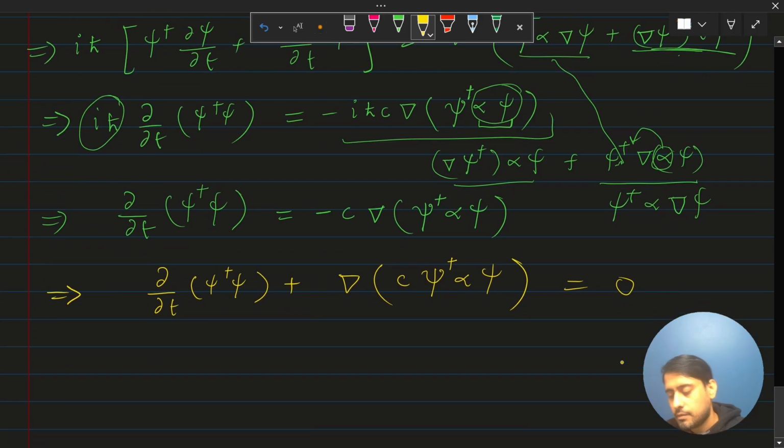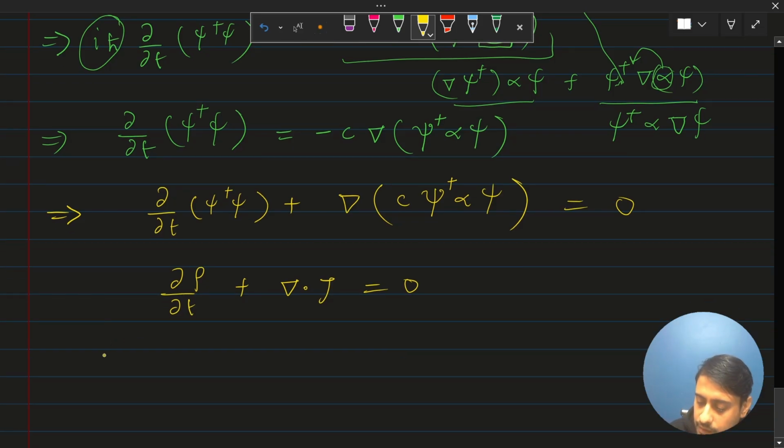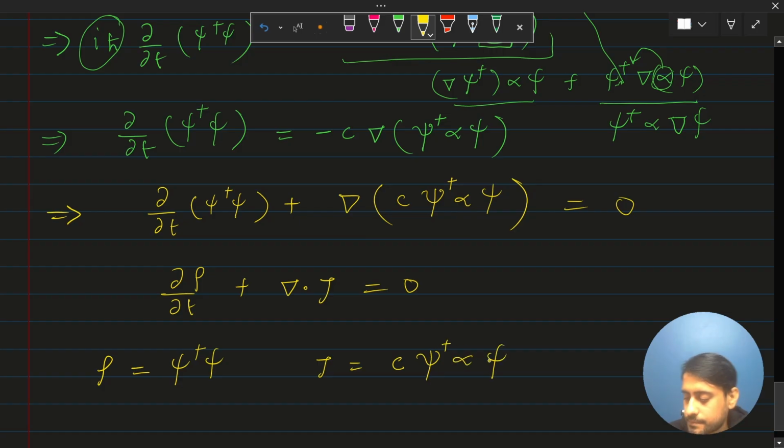If we try to match it with the equation of continuity, ∂ρ/∂t plus ∇·j equals 0, it exactly matches, and we can say that this ρ is nothing but ψ†ψ, and this j is basically cψ† α ψ.